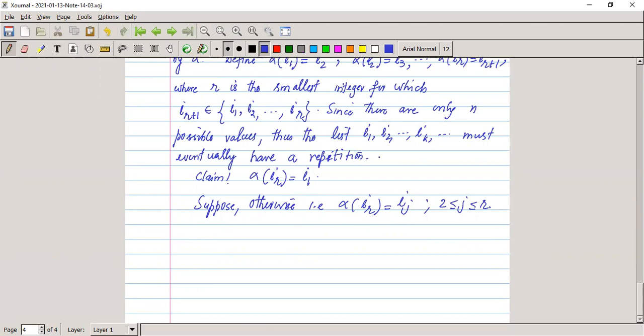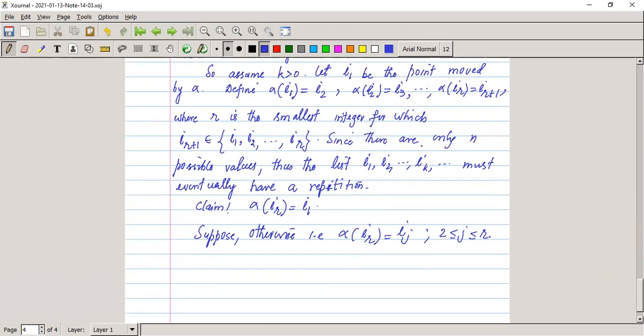But from this construction, alpha of I1 is equal to I2, alpha of I2 is equal to I3, and so on, alpha of IR is equal to IR plus 1, and j is a number from the set 2 to R. Therefore, by this construction, we have alpha of Ij minus 1 is equal to Ij.